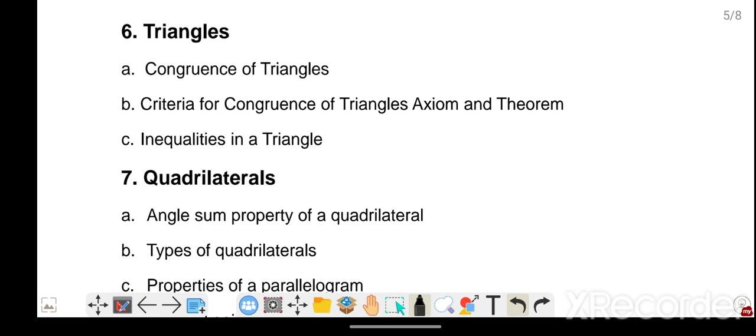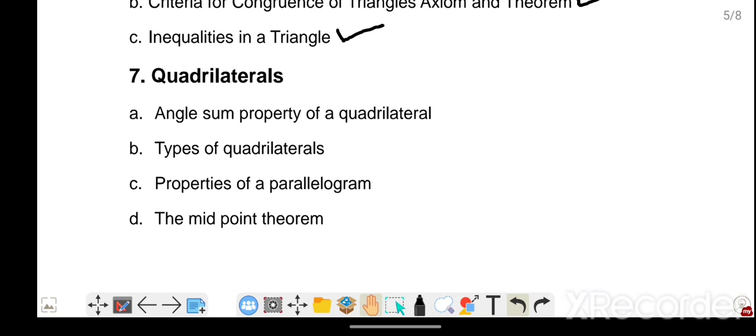Next one is triangles. In this we will study congruence of triangles, criteria for congruence of triangles, axioms and theorem, inequalities in a triangle.